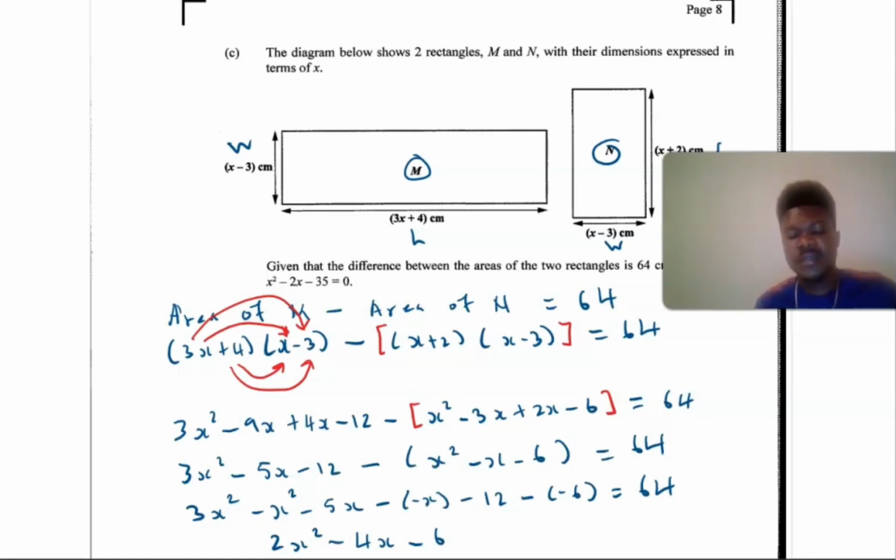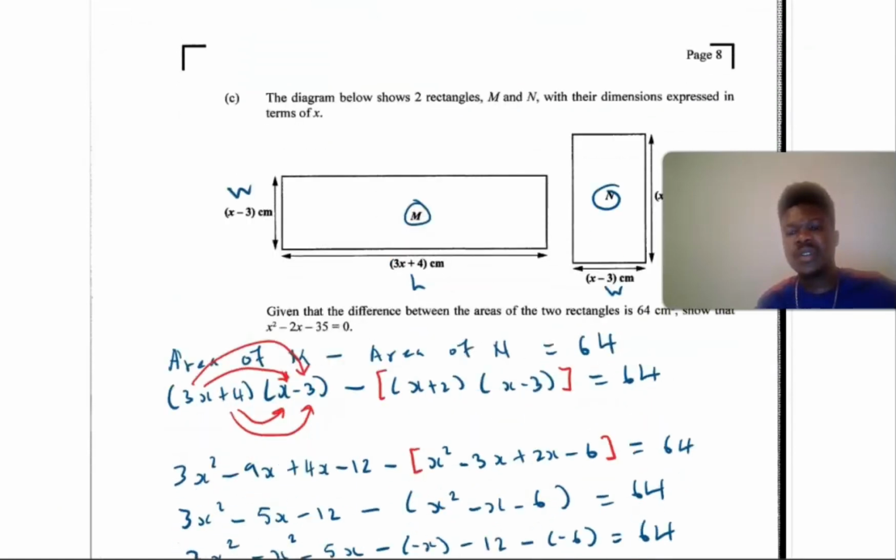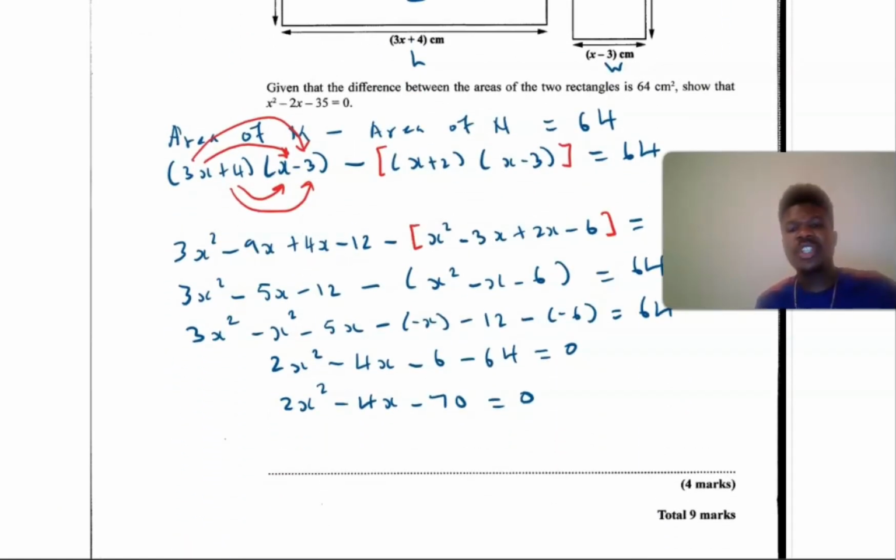And as we see here, we need all of our terms to be on our left hand side. So we're going to bring over the 64. It's going to be negative 64 is equal to 0. And let's continue. We simplify one step further. We're going to get 2x squared minus 4x minus 70 is equal to 0. However, we haven't reached our goal, which is to have x squared minus 2x minus 35 equals 0.